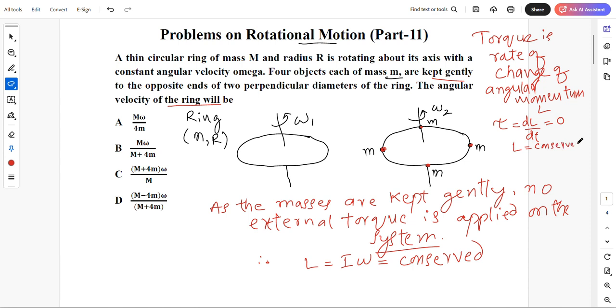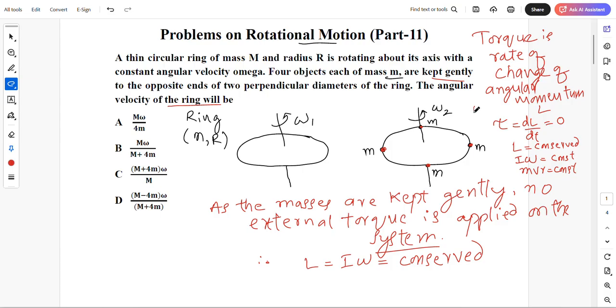If L is conserved, what is the formula for L? I omega is conserved, constant. And L is also MVR, which is constant. Hope you understood this concept. Torque is the rate of change of angular momentum, tau is equal to dL by dt.